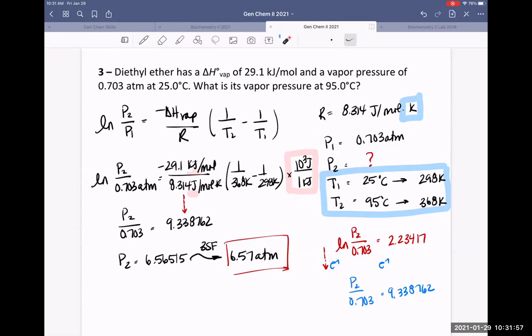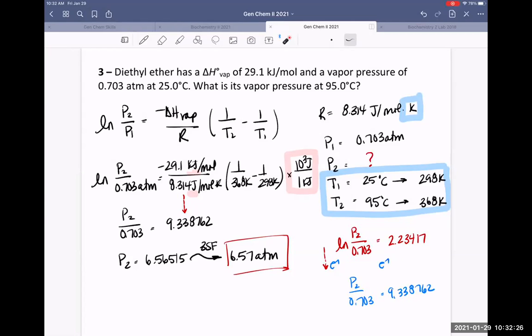Is it going to be kilojoules or joules in our answer? When we convert the negative 29.1 divided by whatever, what I have circled in red there is going to be converting my 29.1 essentially to 29,100, which converts that numerator piece to joules.